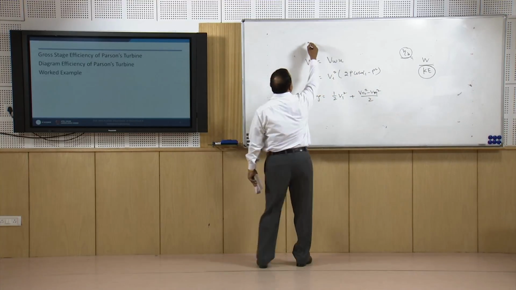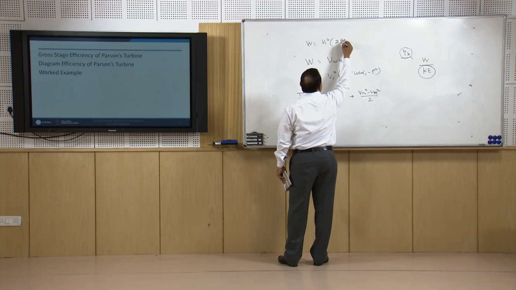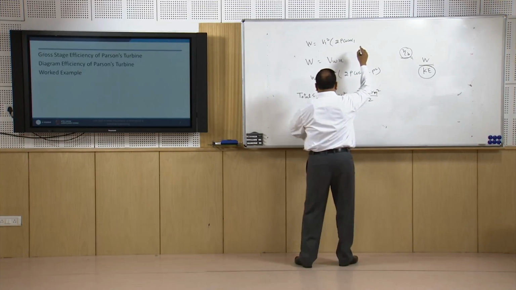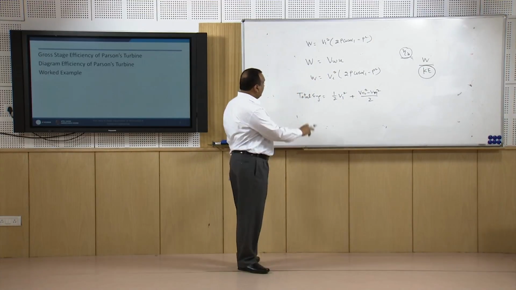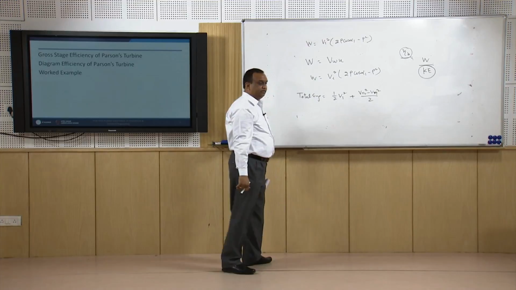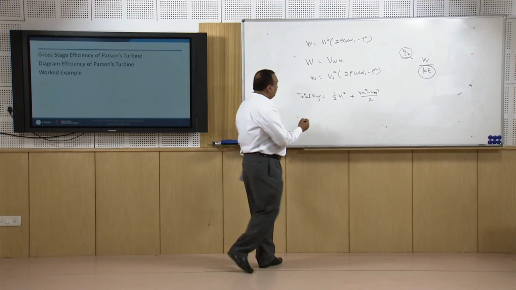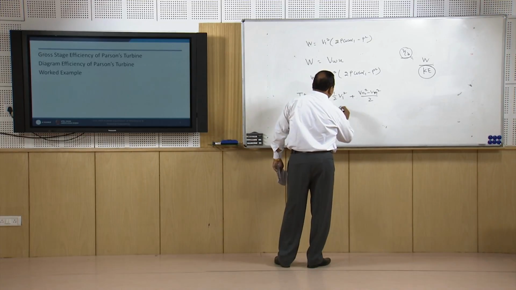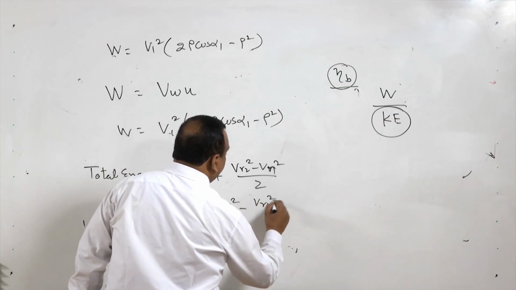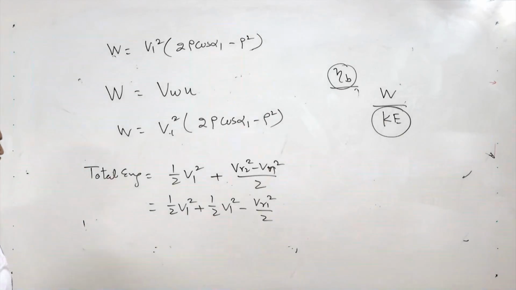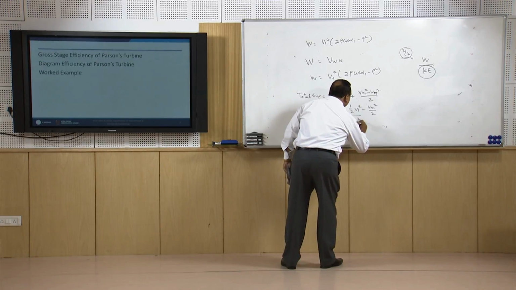W we are taking as it is, V1 square 2 rho cos alpha 1 minus rho square, and total energy is this much. Now here you can see that VR2 is equal to V1. So we can write half V1 square plus half V1 square minus VR1 square by 2. So they are going to be added, and it is V1 square minus VR1 square by 2.